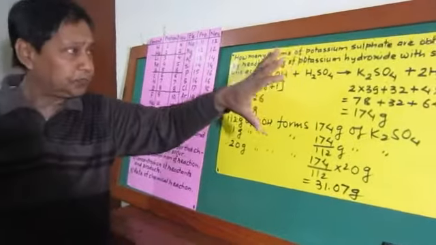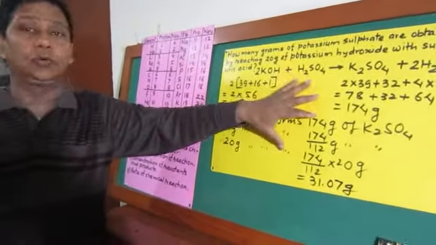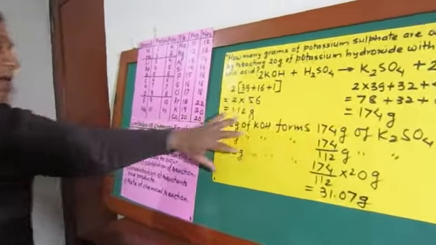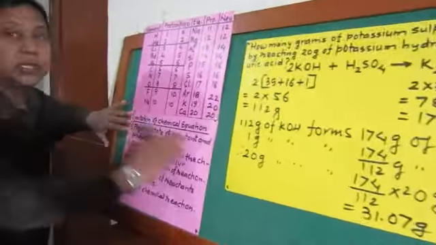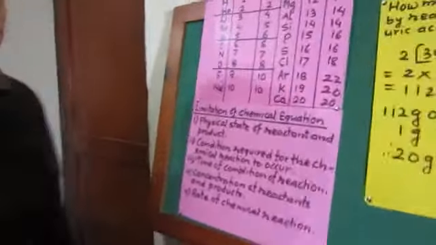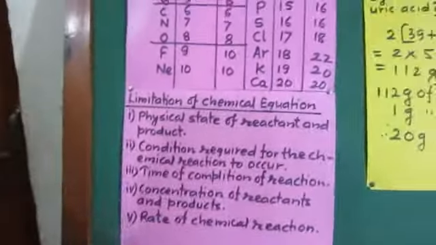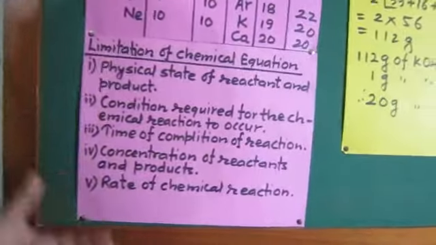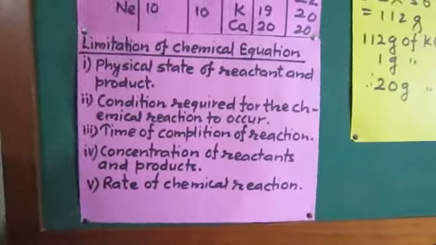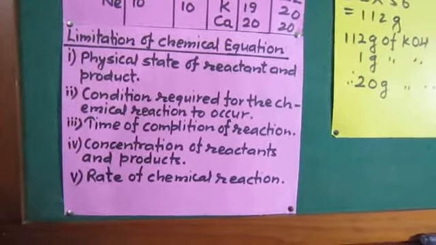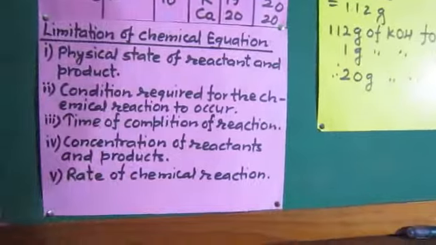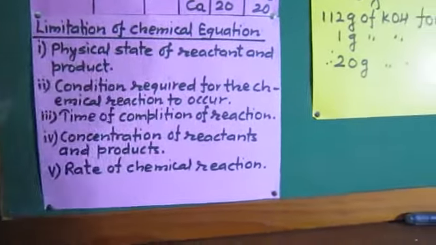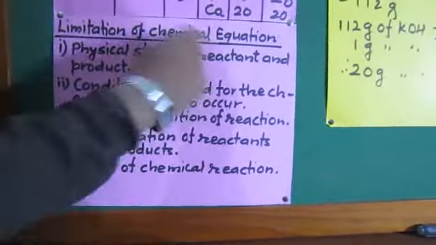Now I told you how to solve the numerical problem related with a balanced chemical equation. Now I want to present the limitations of a chemical equation. Now look at this. Some matters cannot be represented by a chemical equation. What are those matters? The physical state of reactants and products cannot be represented in a chemical equation.